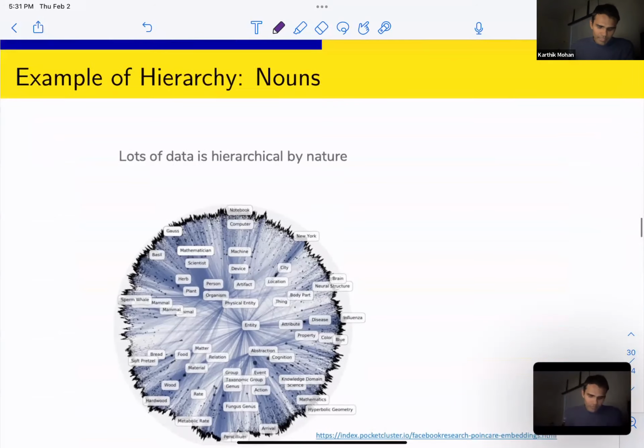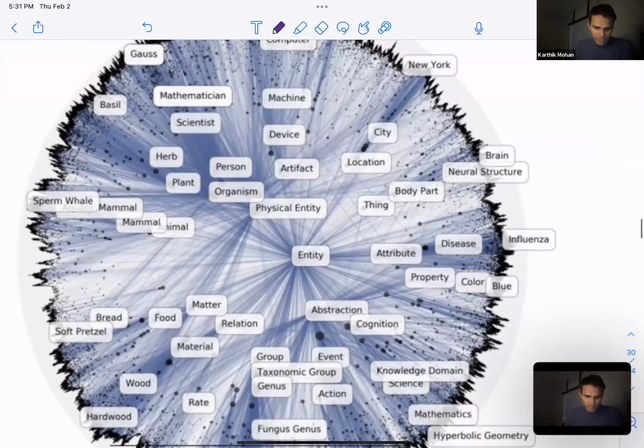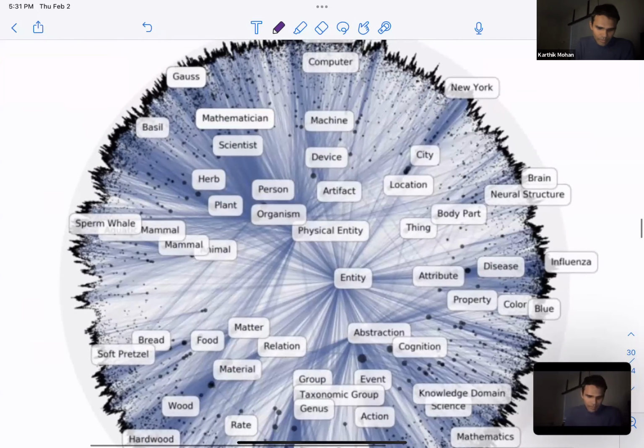A lot of data in nature is hierarchical, right? Let's take a look at this image. For instance, let's look at mathematician. So Gauss was a mathematician. And then mathematician is connected to scientist.